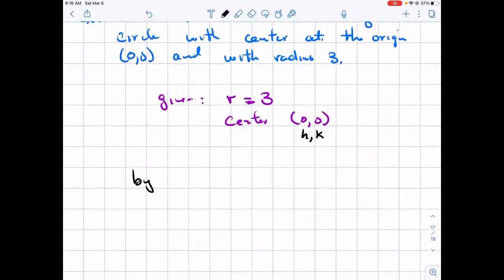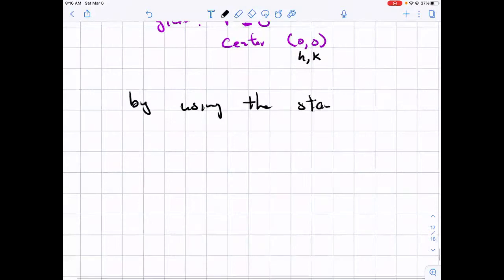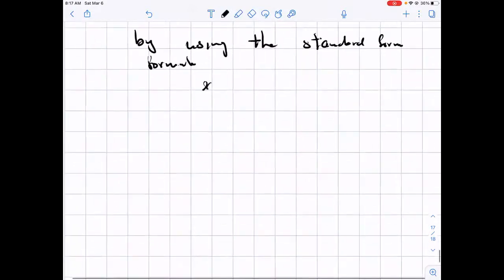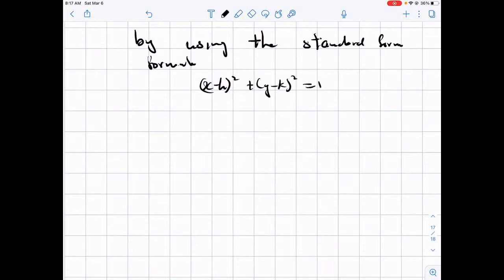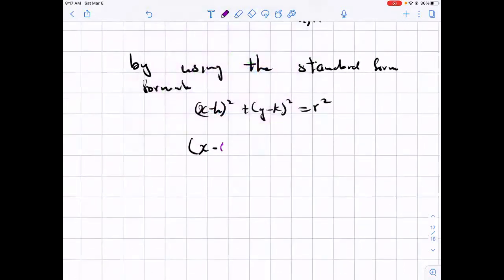So now by using the standard form formula, which is x minus h squared plus y minus k squared is equal to r squared. So we have x minus, instead of h, we have 0.